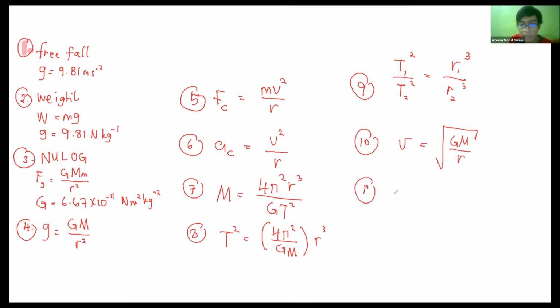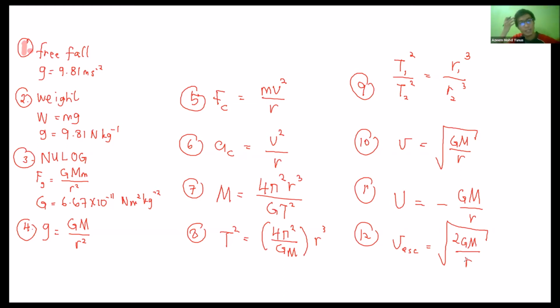Number 11 is the gravitational potential energy, Gm over r. And number 12 is the escape velocity, square root of 2GM over r. So those are all the formulas needed in this chapter.